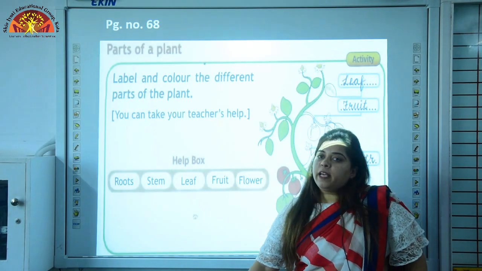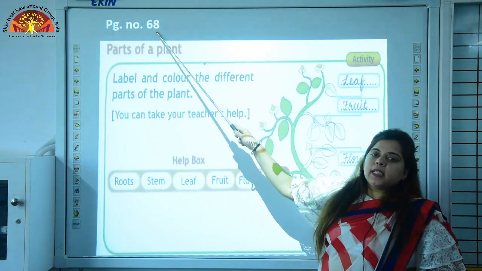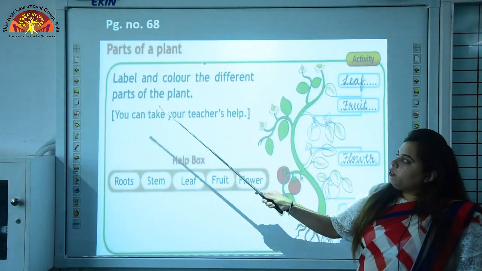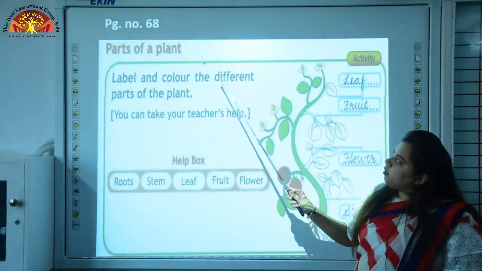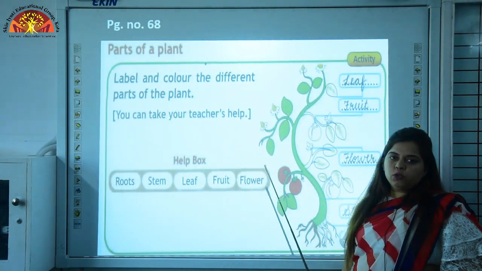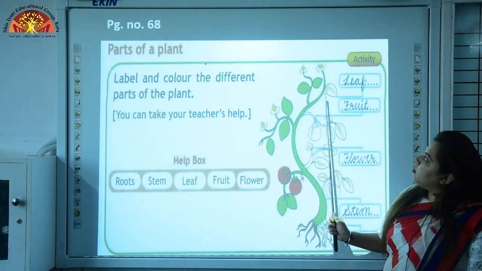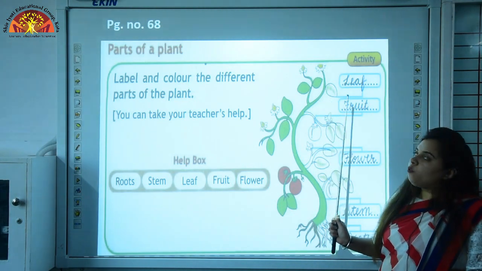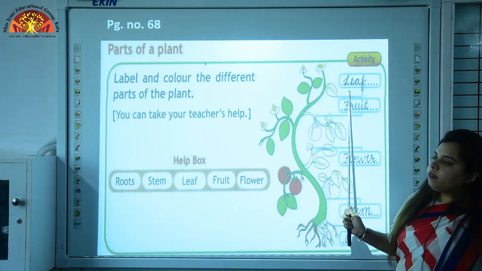So open page number 68. In this question we have to label and color the different parts of the plant. Help box is given to you children, we have to fill the blank. Okay, what is this? This is a leaf, so we will write leaf over here.